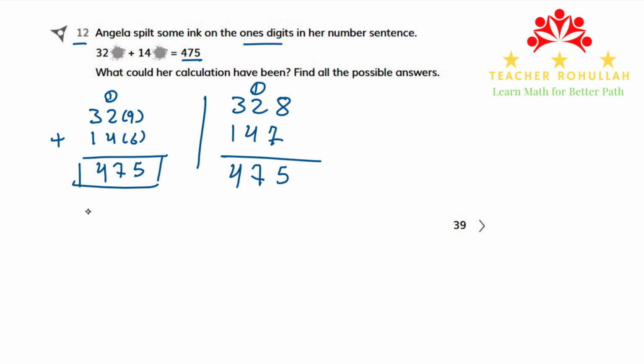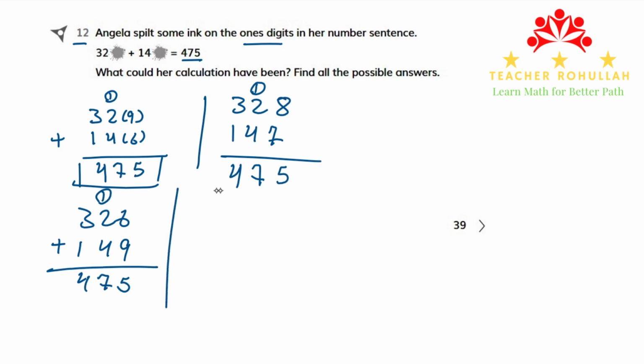The other possible answers that we can find is switching the numbers. So we can write 326 plus 149. Now 6 plus 9 is 15. 1 here, 2 plus 4 is 6, and 6 plus 1 is 7. And 3 plus 1 is 4. Again, we got 475.